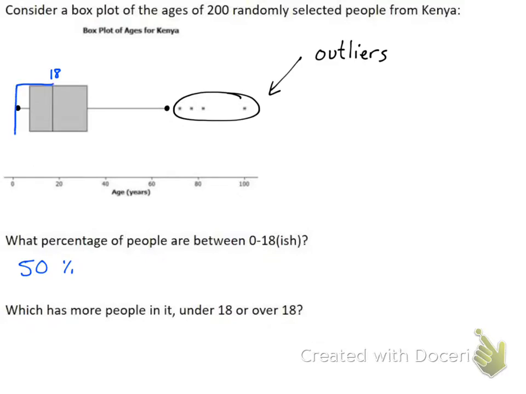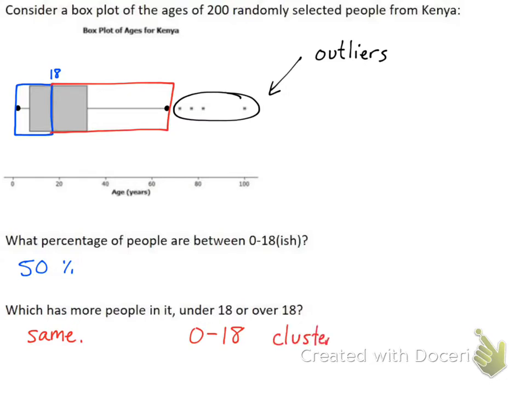So I've got this data right here. And again, we're going to take out those outliers and just talk about the box and whisker plot. What we have to realize is that which one has more people in it, they're the same. Neither one is bigger. What it means is that between 0 and 18, it's more clustered, and then 18 plus is widespread.